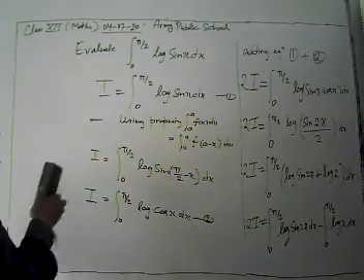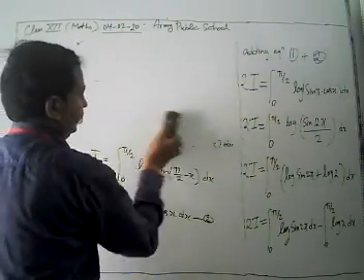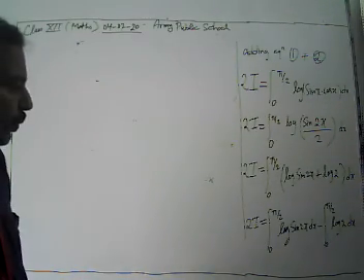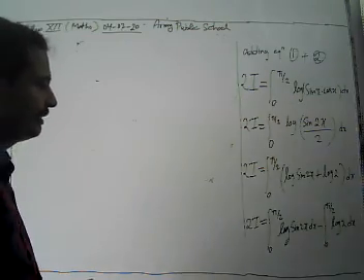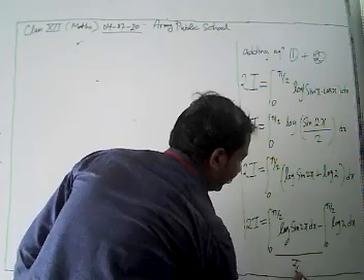Now we are going to change it. We have 2I equal to the integral from 0 to pi by 2 of log sin 2x dx, and we are going to take this integral value, let's suppose, as I1.